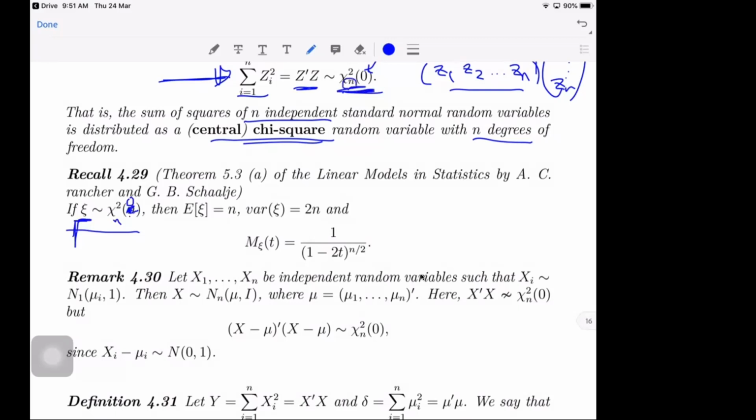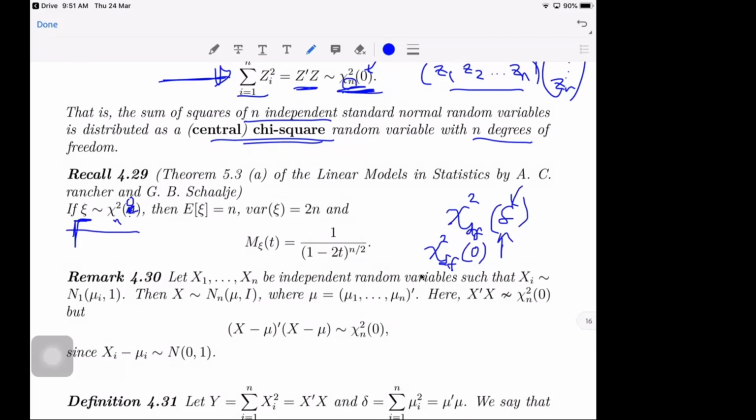Na din ang degrees of freedom. Chi-square, degrees of freedom n and then here is a centrality parameter. We call it delta. So if it is just a simple chi-square degrees of freedom without the parenthesis there or with the parenthesis 0, it means that it is a central chi-square. Otherwise, it will have a delta here, which is a non-centrality parameter.